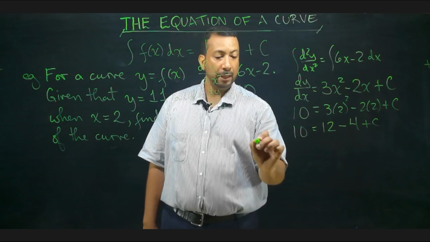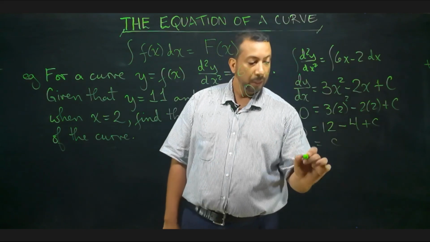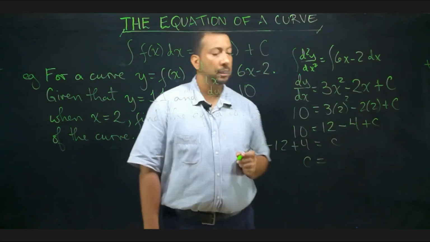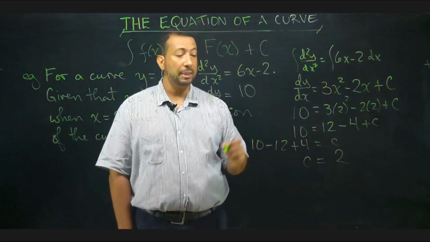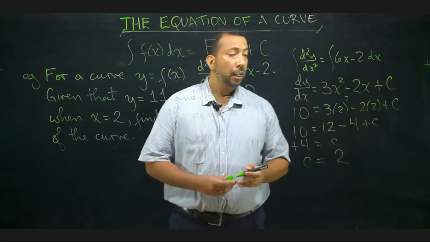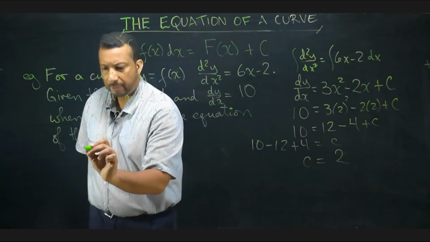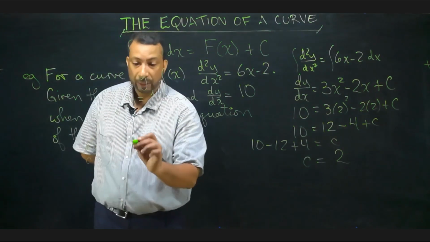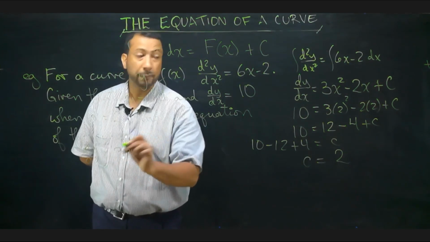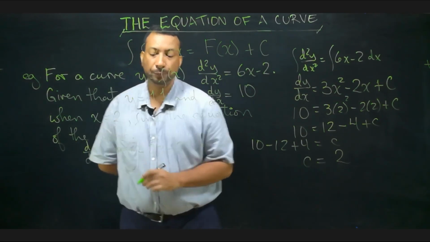Transposing, I have 10 minus 12 plus 4 is equal to c. Therefore, I get that this c is equal to 2, right? Because 10 plus 4 is 14, 14 take away 12 is 2. So that means that my derivative dy/dx is equal to 3x squared minus 2x plus 2.